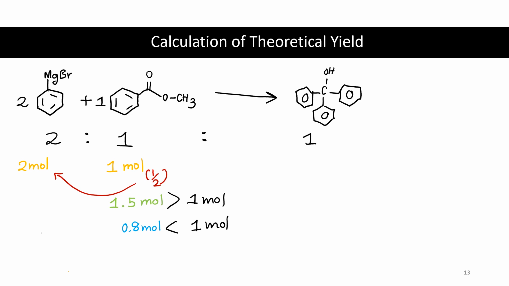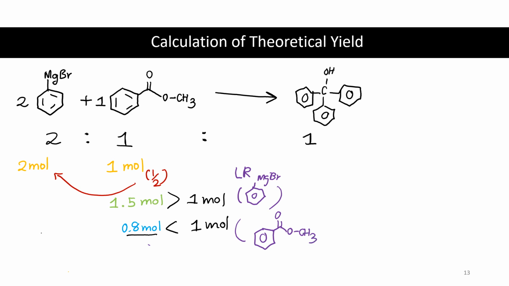But if you don't have that amount, that means methyl benzoate would be the limiting reagent. So in the 2 examples, in the first one, the limiting reagent would be the phenylmagnesium bromide. In the second example, the limiting reagent would be methyl benzoate.